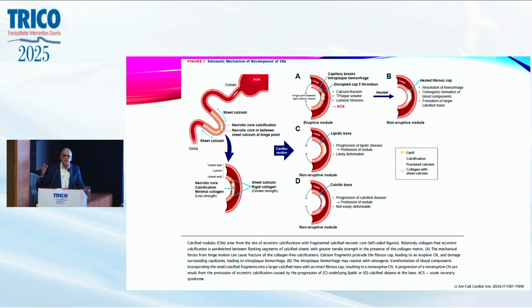In areas which are hinge points, your collagen matrix is deficient, so you don't have a sheet of calcium forming there. You have calcific spicules which form, and they in turn protrude into the lumen and cause an acute coronary syndrome. Some of the protrusions heal, and you have osteophytes being formed, and that over time grows into a calcific nodule.